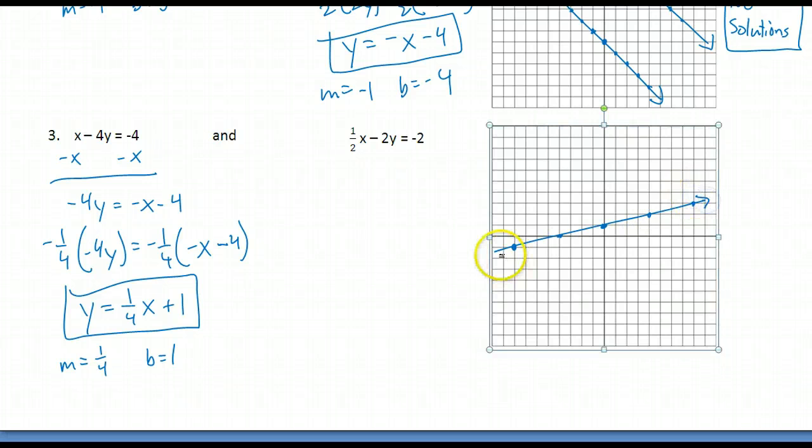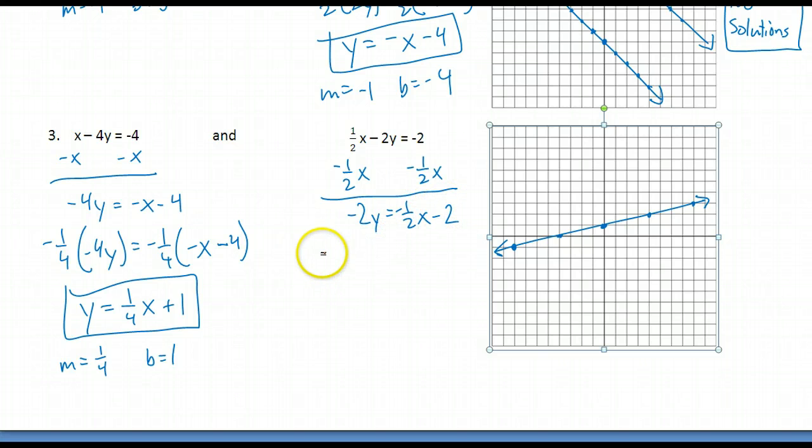Now all of these ordered pairs on this line make my first equation true. Now let's graph my second equation. Again, I'm going to solve for y. Negative times a negative gives me positive.